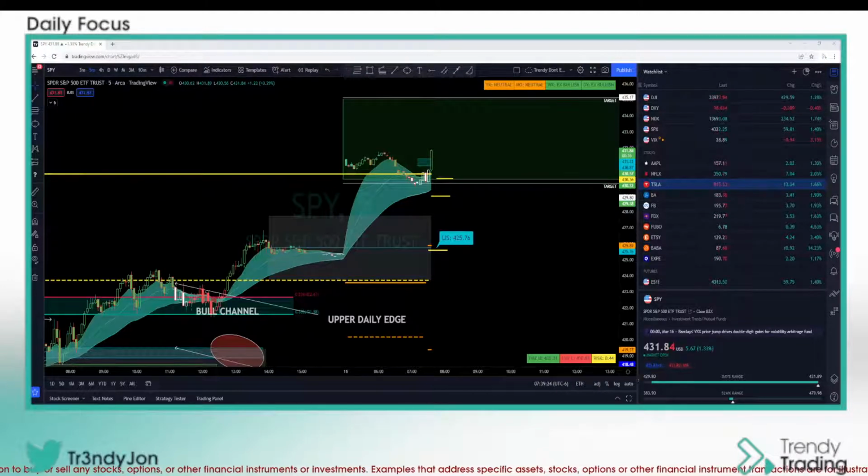And the guys and gals in here, you can see what I buy because my brokerage is linked to the room, my API.